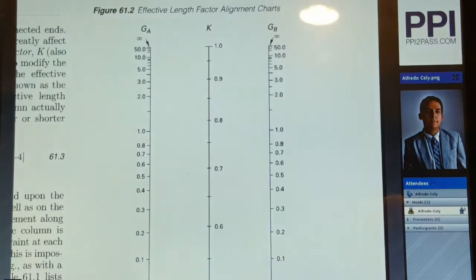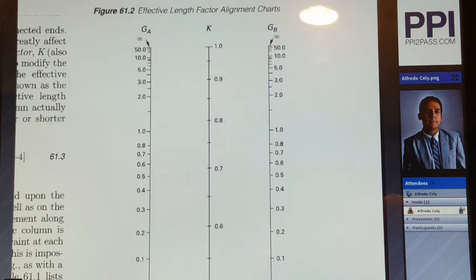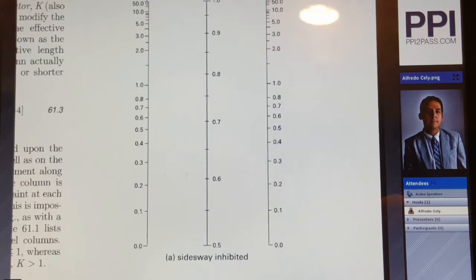Now here we have figure 61.2 of the CERM, which shows us the effective length factor alignment chart. So if we know the G's for either side of the column, we can find the K value for that specific column. Now please note that this chart is divided into two segments.